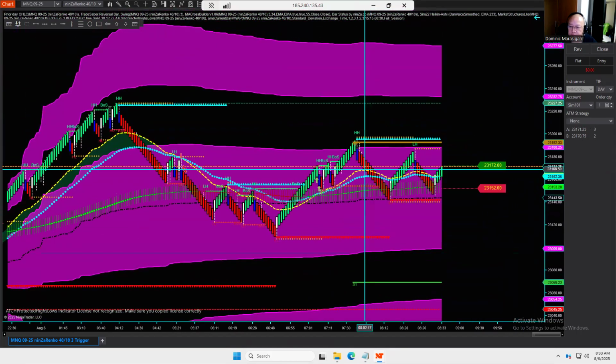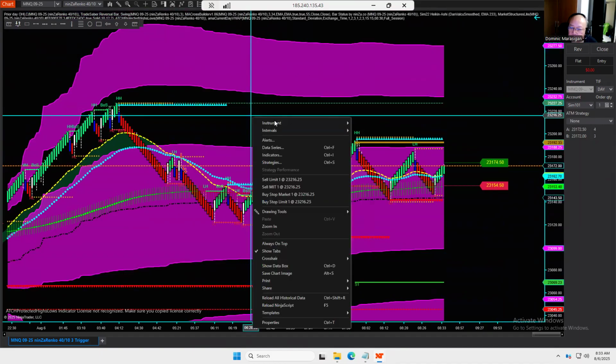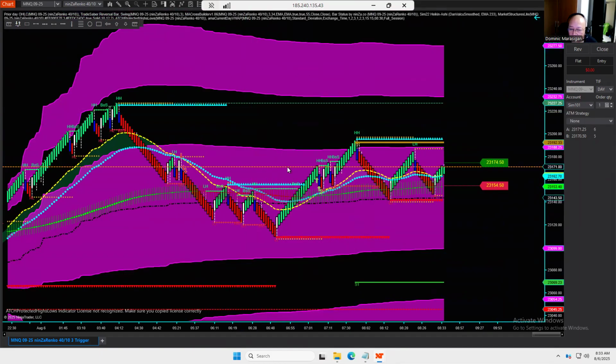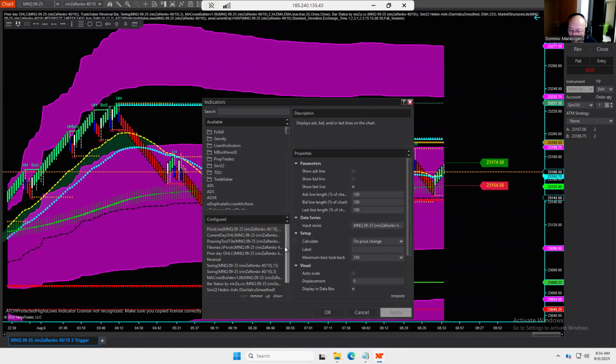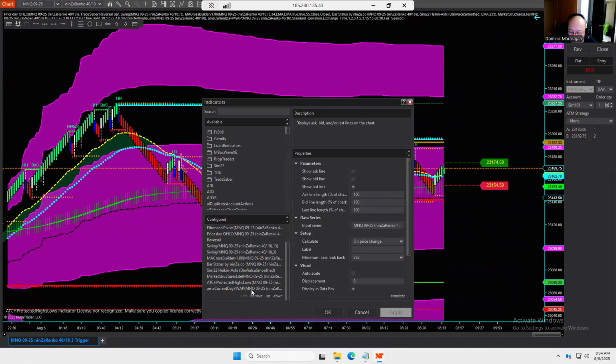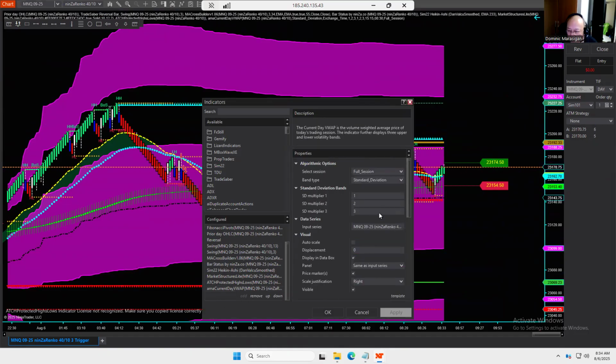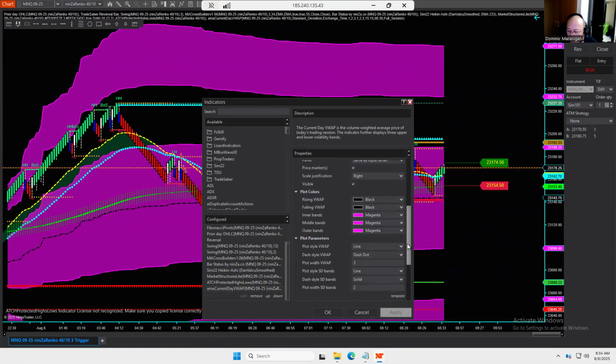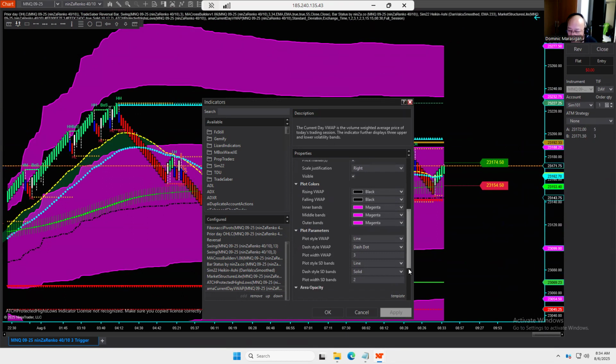Let me change this. Inner bands, magenta, middle bands, outer bands.